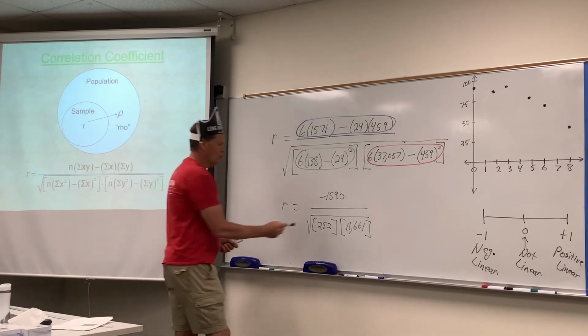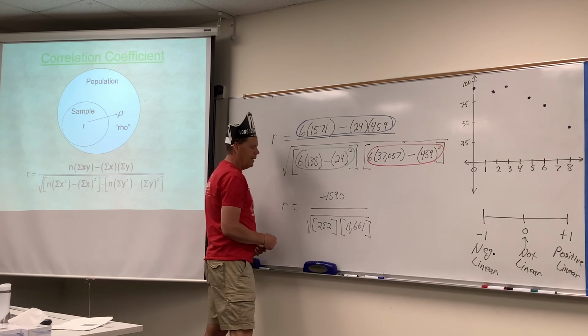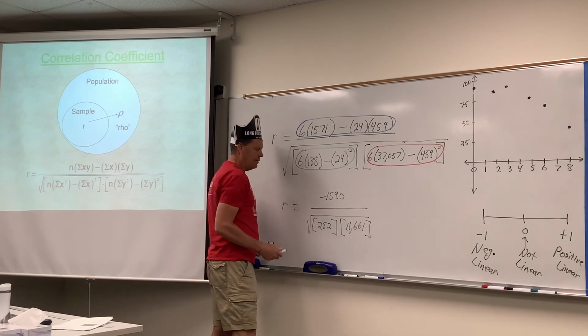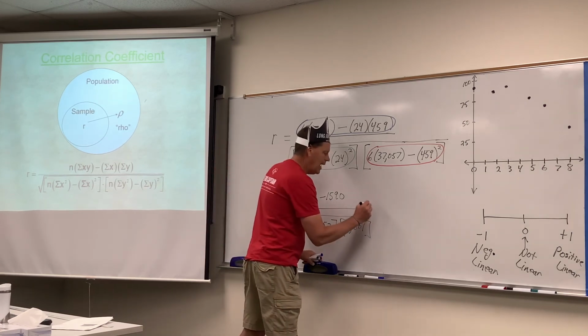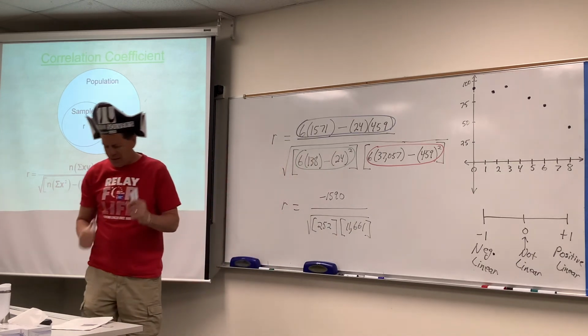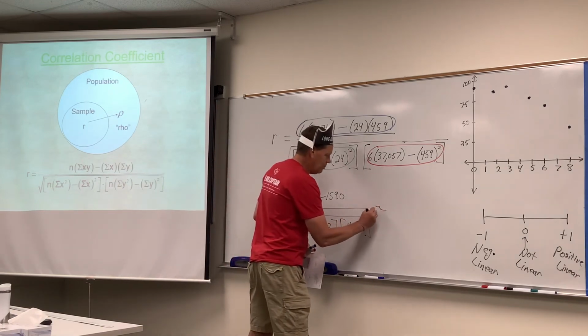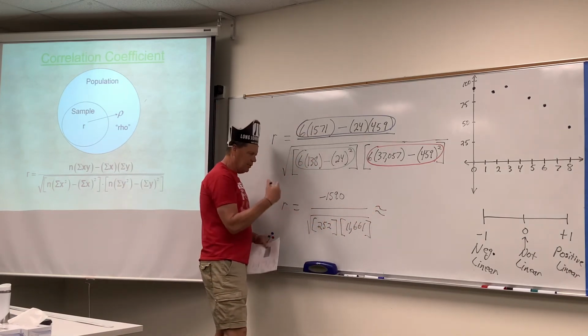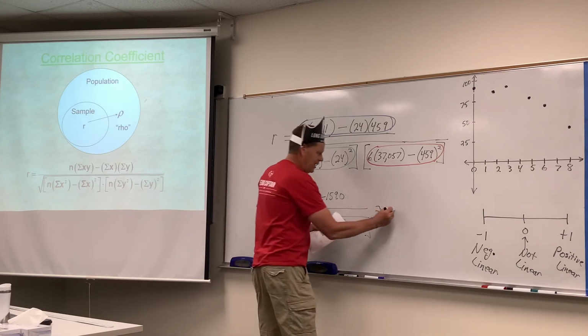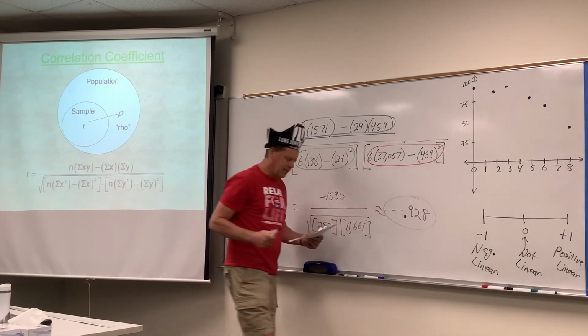And then of course you would multiply these two, take the square root of that, and then take this divided by that. So the R value here, and I want to remind you that the standard procedure for R is 3 decimal places. And so crunching the numbers here, and keep in mind these brackets had a radical over them, the square root, comes out to be negative 0.928. All right, so that's our R value.